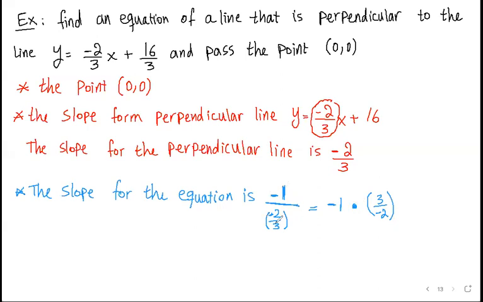A over B, let me remind you, from the previous section: if I have something A over B, this is equal to A times the reciprocal of B, 1 over B. Same thing here, -1 times the reciprocal of the second one, 3 over -2.